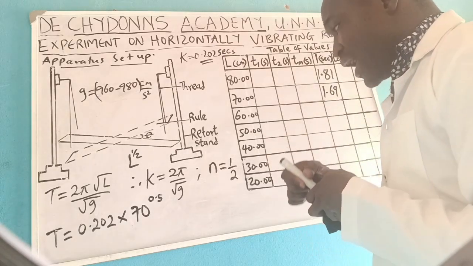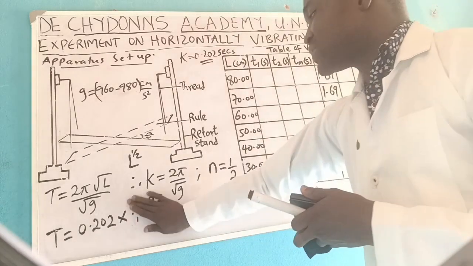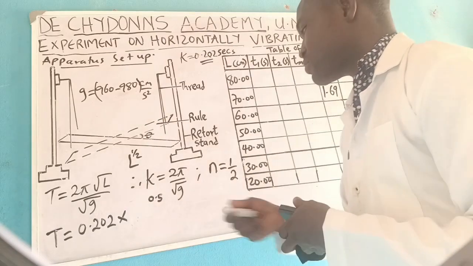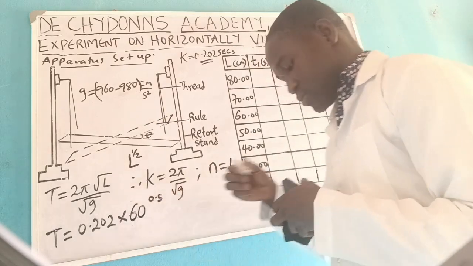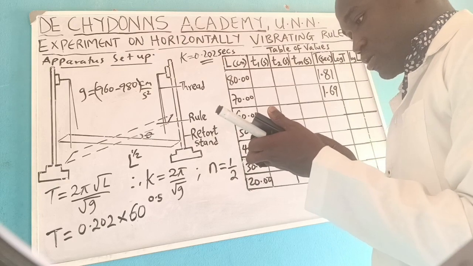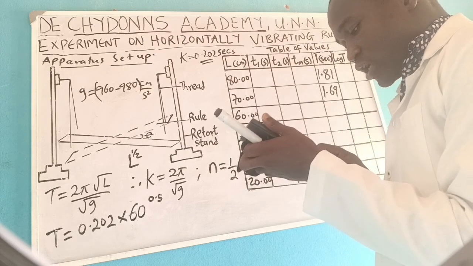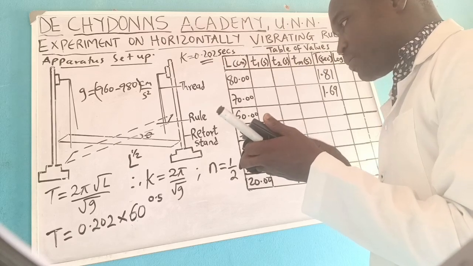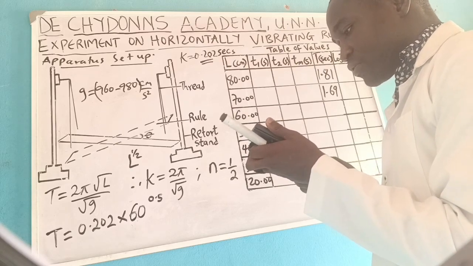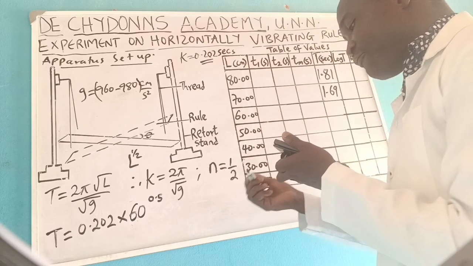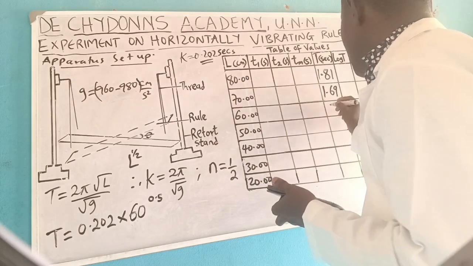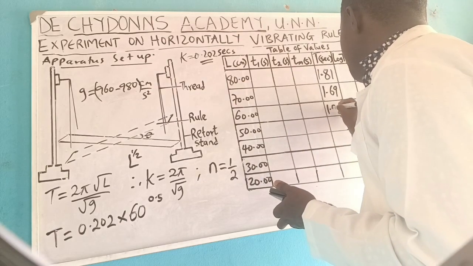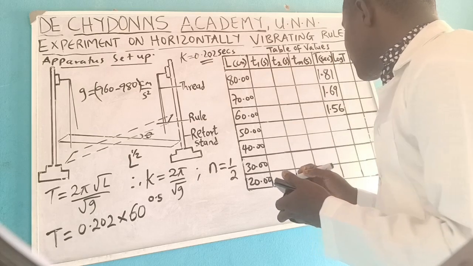Then we go again. Replace this with 60: 0.202 times 60 raised to the power of 0.5 gives 1.56.